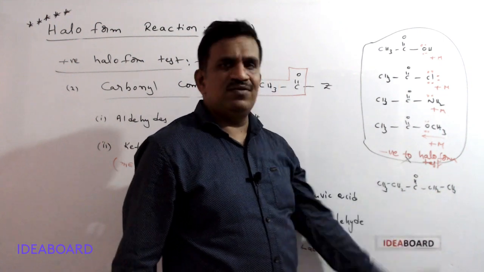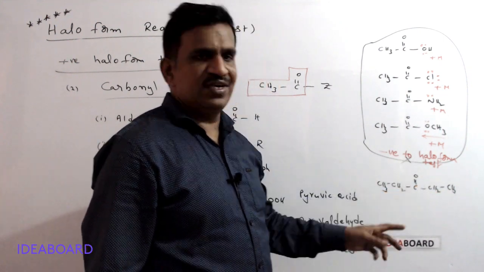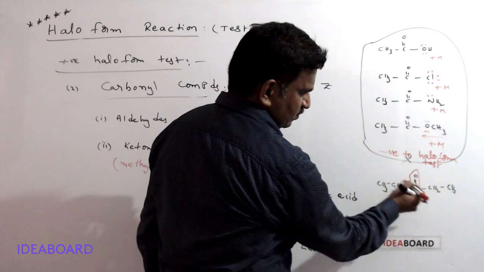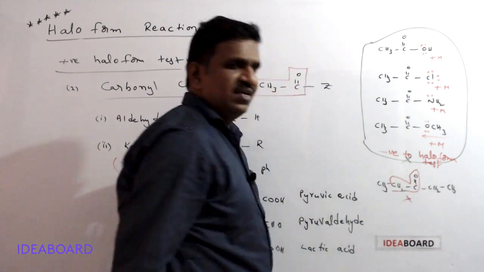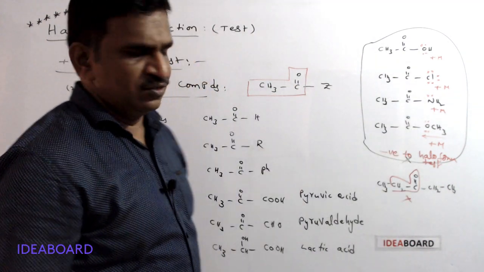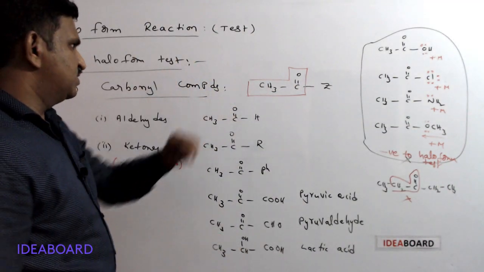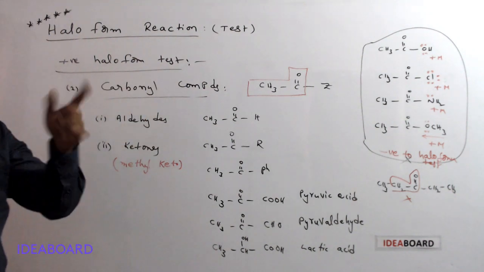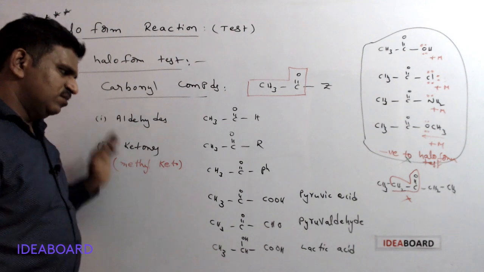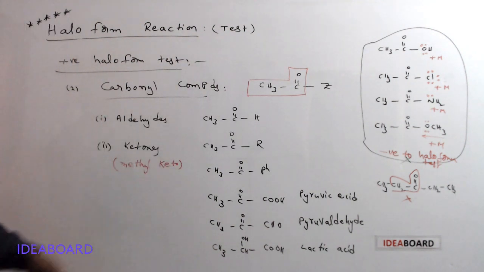It doesn't give the haloform test because it does not have any methyl keto group. This is not a methyl keto group. So this doesn't give the haloform test. So if this type of group is present, or in the first case a methyl carbinol, then only those give the haloform test. Remaining compounds will not give the haloform test.